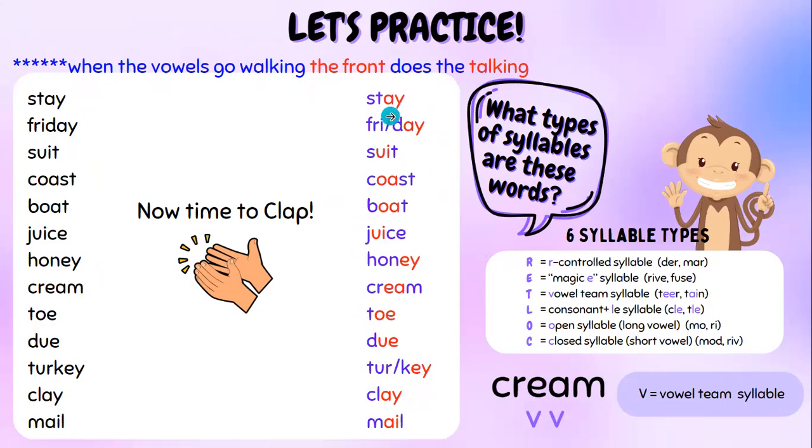That means the front vowel is going to be long. For example, in stay, which ends in AY, the A, which is the first vowel, means that there's going to be an A sound. And because there is another vowel, which is Y, after it, the A is going to be a long vowel.